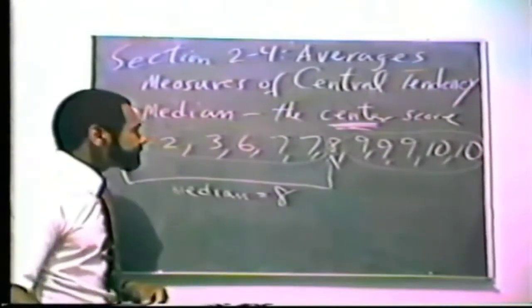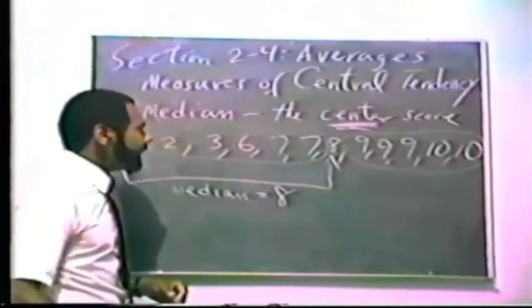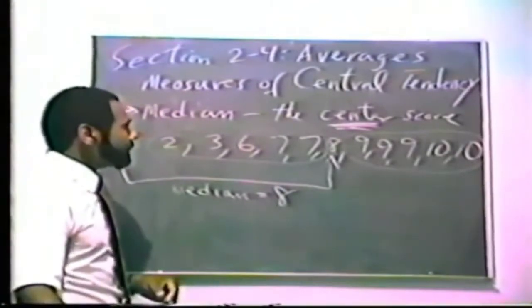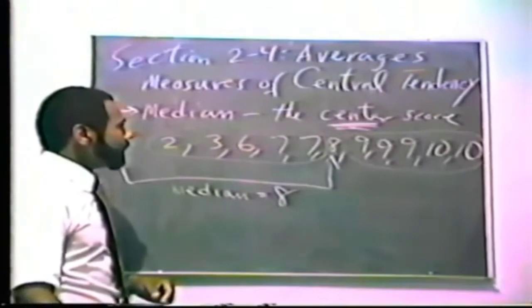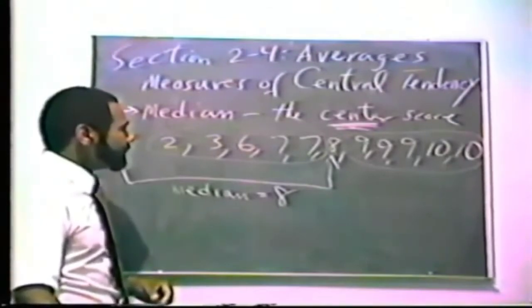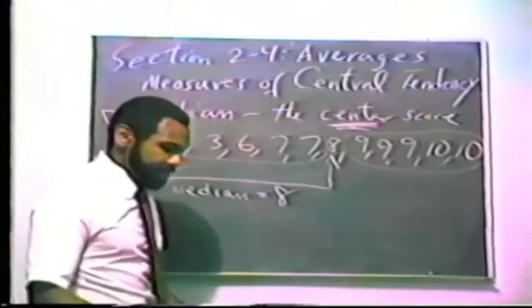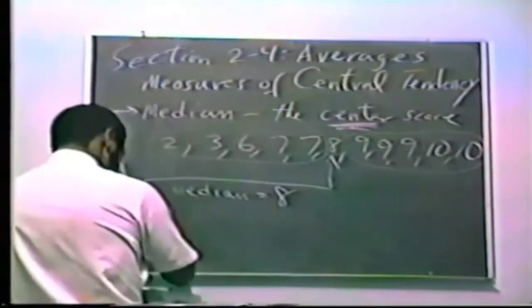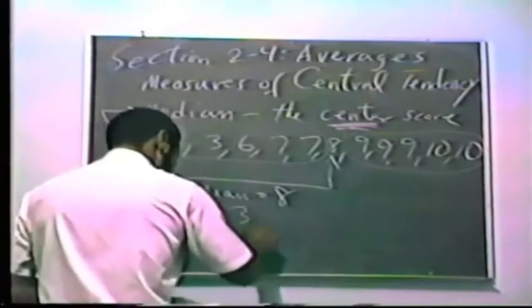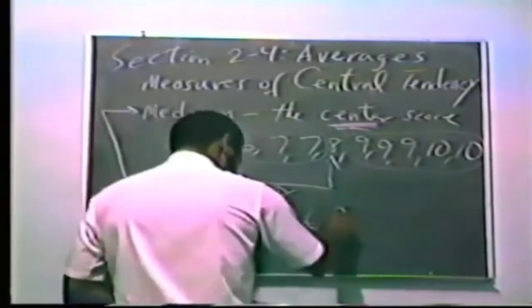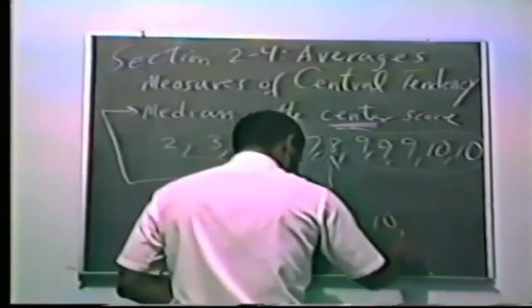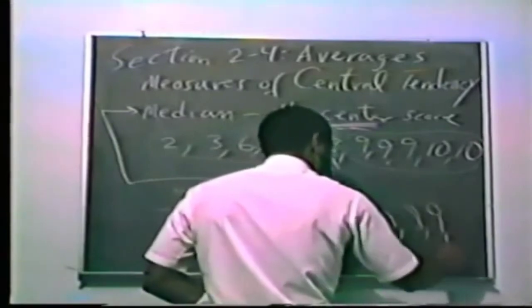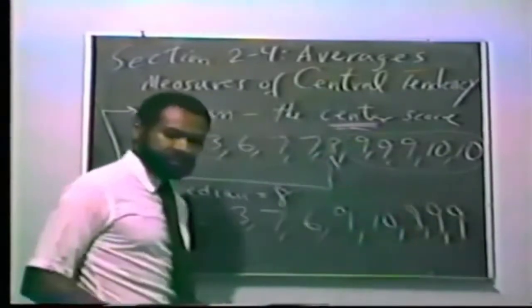Now, suppose you don't have a number in the middle of your data set. For example, suppose we have this data set: 7, 2, 3, 7, 6, 9, 10, 8, 9, 9.